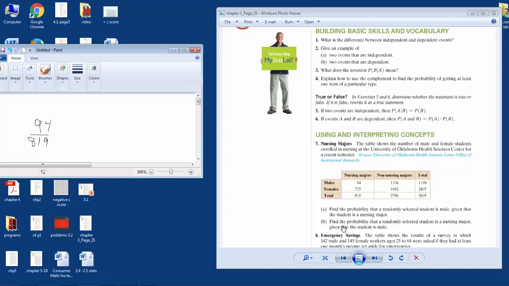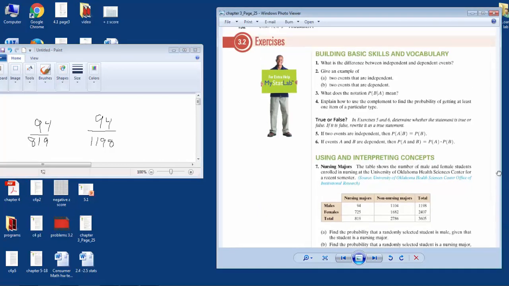The total number of males that I'm looking at is 1,198 males. Of the 1,198 males, 94 of those males are nursing majors. So that's going to be 94 over 1198.